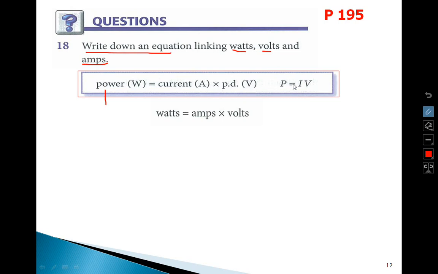So P equals I times V. So this is the equation linking watts with volts and amperes. It's the same as if you were asked to write down the equation of the power: power equals current times voltage, or PD.